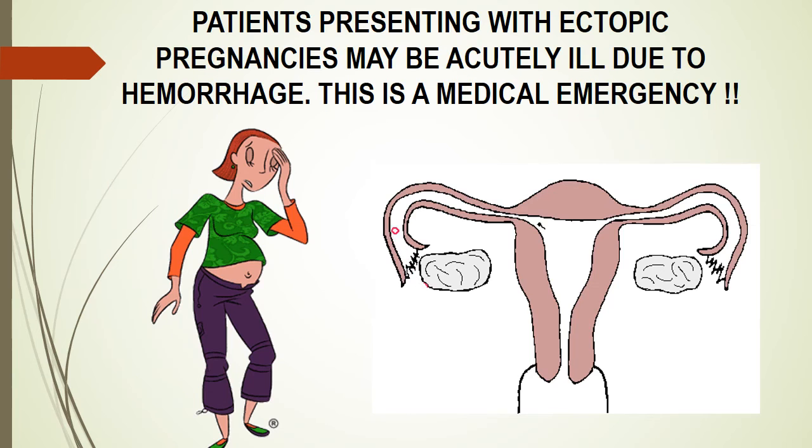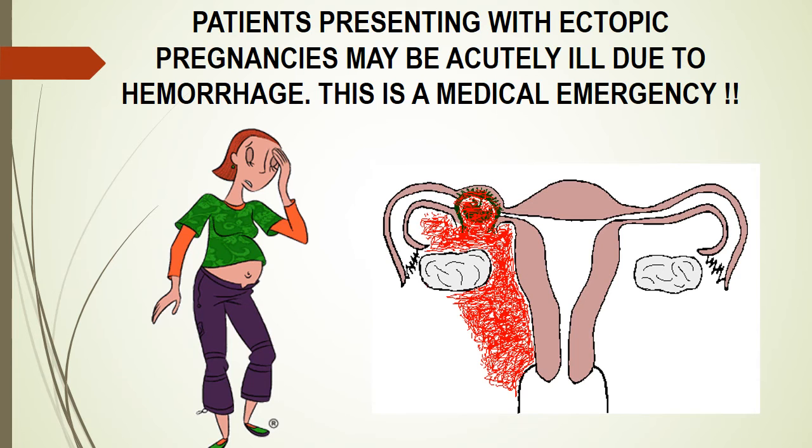It's important for you to know that a patient who presents with an ectopic pregnancy may be acutely ill because of the hemorrhage. This is a medical emergency, and this patient needs to be put in front of a provider upon presentation to the emergency room or the clinic or the office.